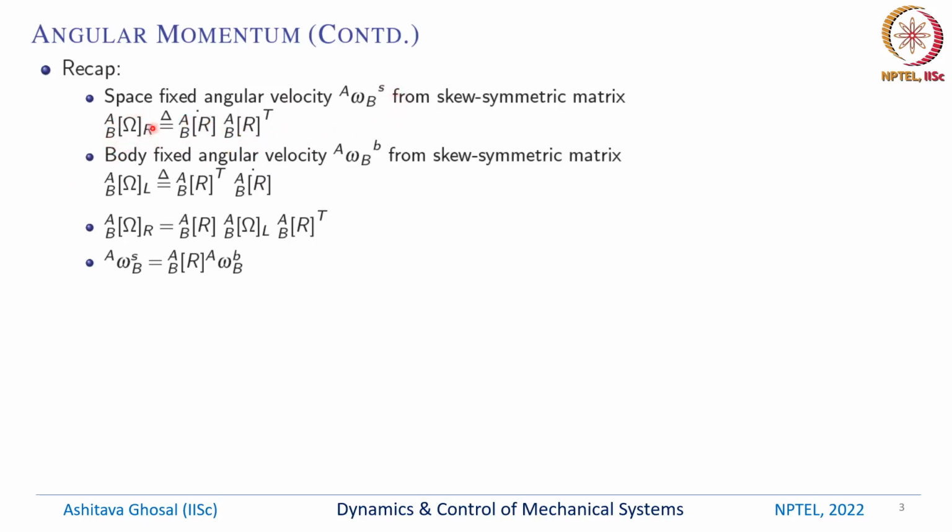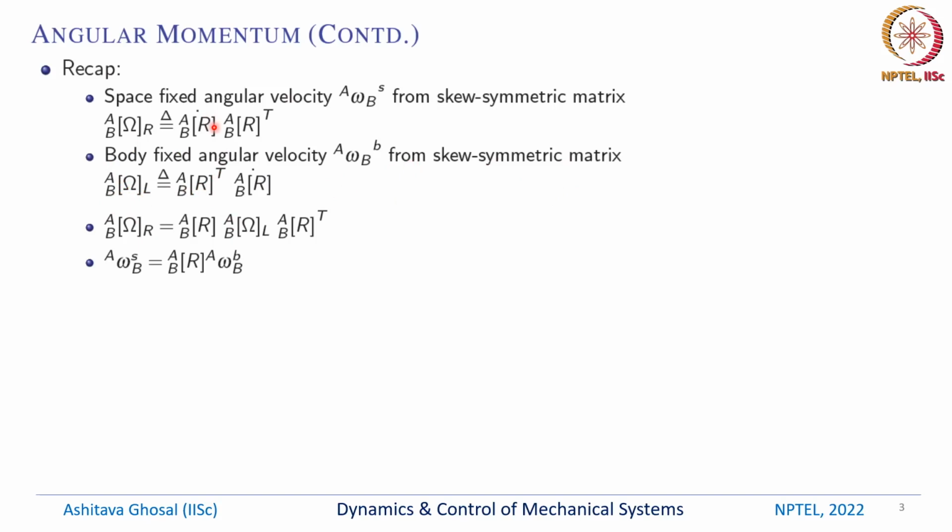From here we could obtain a skew symmetric matrix AB omega r, and from that we could extract the angular velocity vector A omega b, and we said that this was the space fixed angular velocity vector.